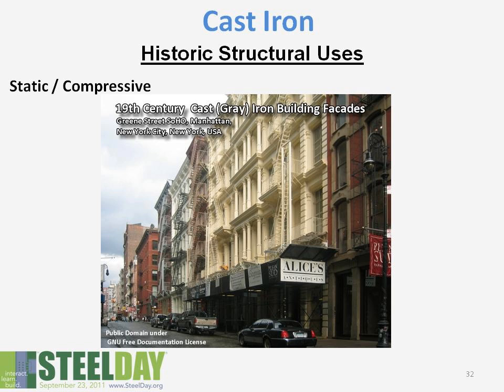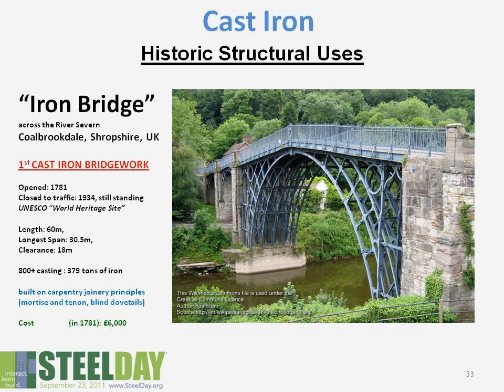From a structural standpoint, there have been historic uses of cast iron in static and compressive states. Here's an example of some 19th century iron facades that are still performing well today. Cast iron has also had a history of use in bridges.